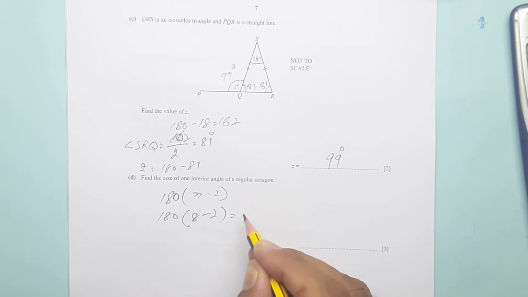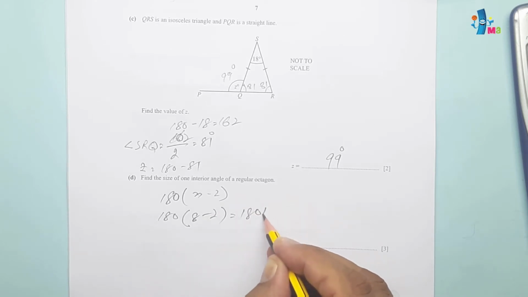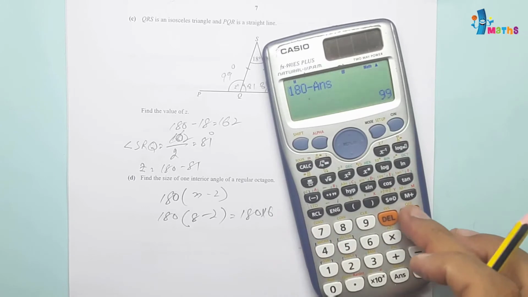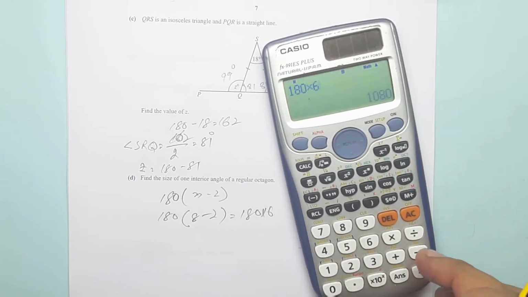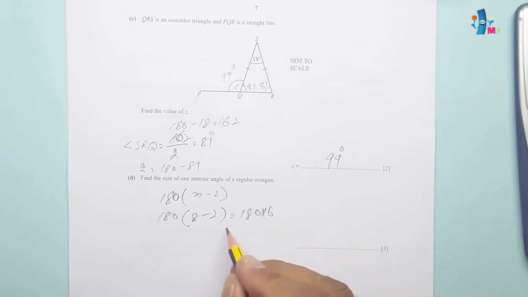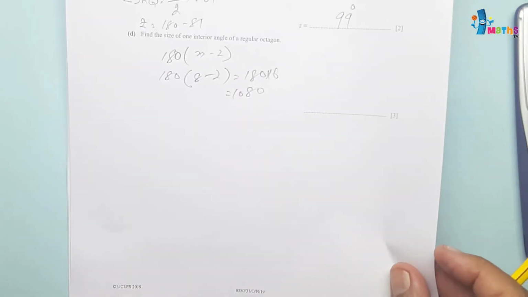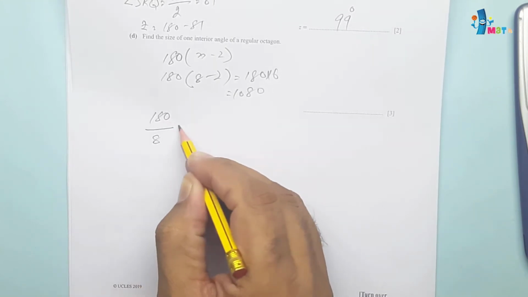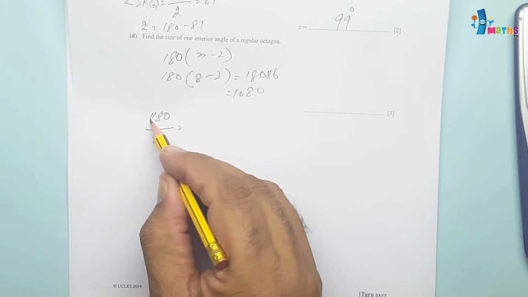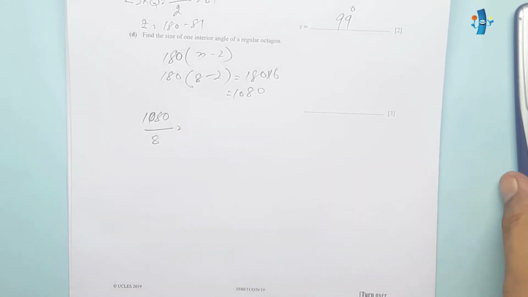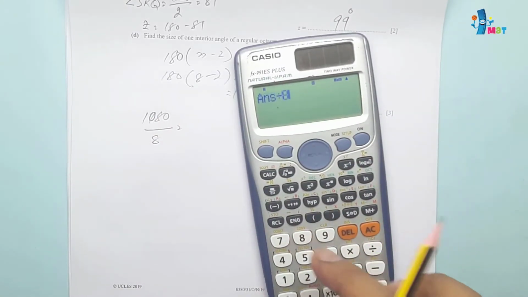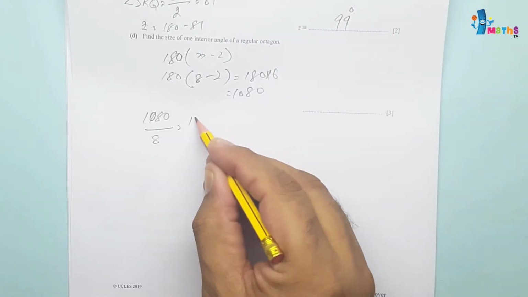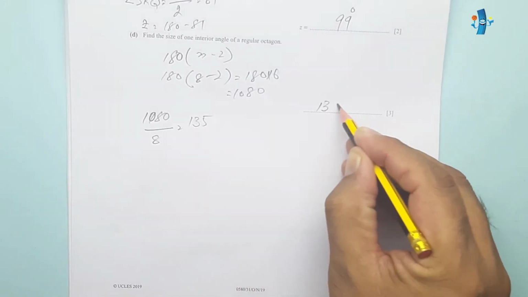This will be equal to 180 into 6. 180 multiplied by 6 will be equal to 1080. And now for the interior angle we'll be dividing this by the number of sides, which is 8. So 1080 divided by 8 will be equal to 135. So the required angle will be 135 degrees.